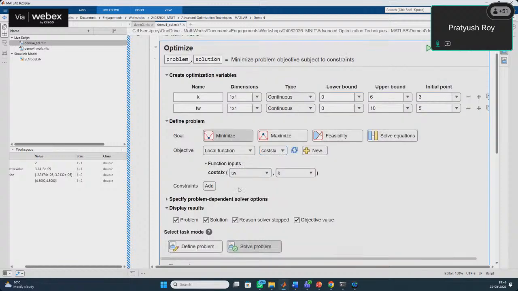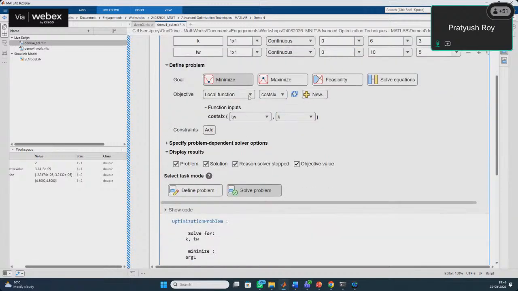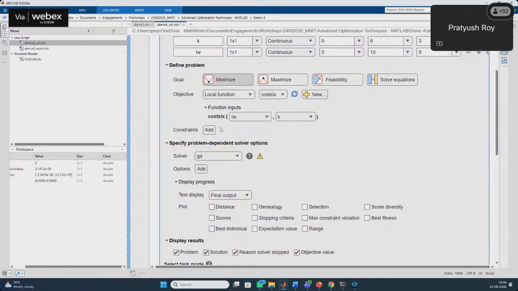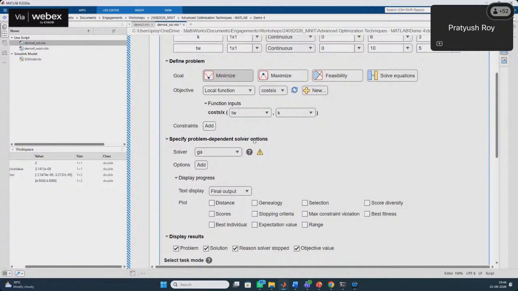Here I have a local function called cost SLX, which depends on these two variables, tw and k. If you want to add additional constants here, you can definitely do that, and if that is captured as a local function or a function file, that can be done. Again, I'm trying to keep it simple, so I am not adding constraints here, but that does not mean it can't be done. It can be done if you add constraints from this particular option.